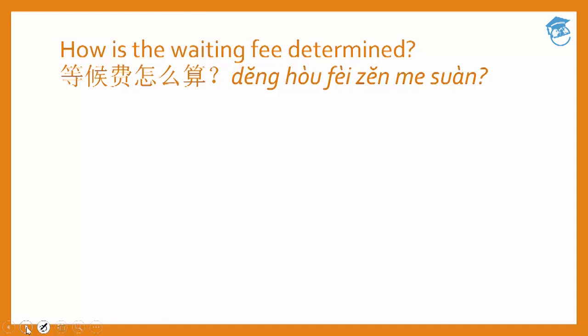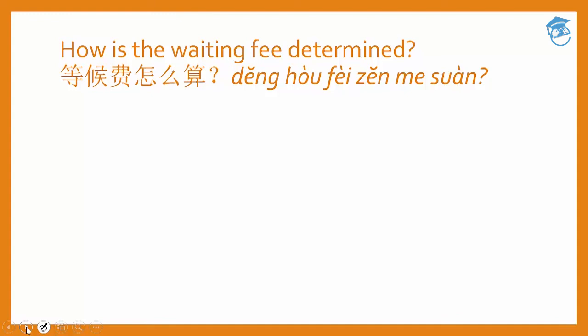Okay, so 等候 means wait. Okay, you have learned that 候 is used with time, 时候. Okay, so 等候 is like wait for some time. But in the end, 等候 just means wait.